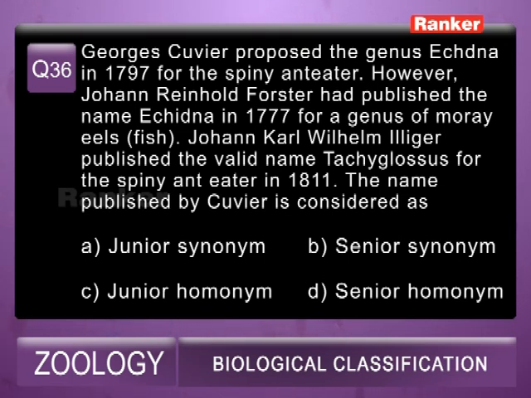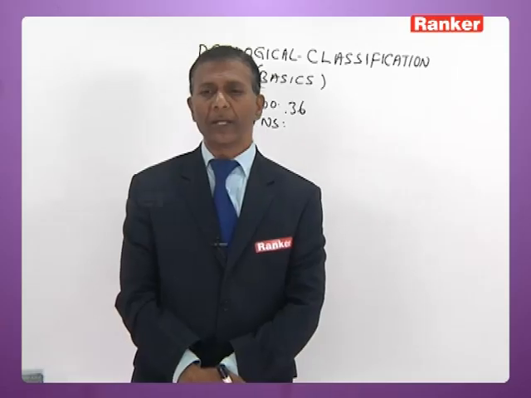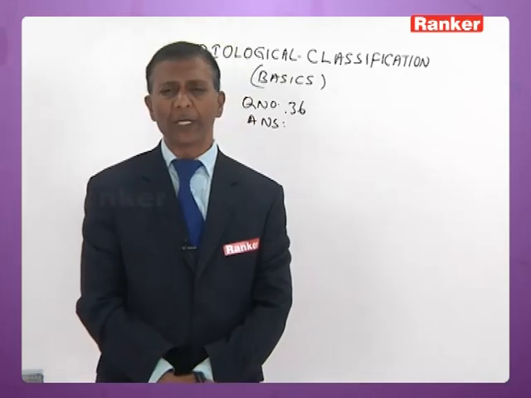John Carl Wilhelm Illiger published the valid name Tachyglossus for the spiny anteater in 1811. The name published by Cuvier is considered as A, junior synonym, B, senior synonym, C, junior homonym, and D, senior homonym here. Now he is asking, the name published by Cuvier.